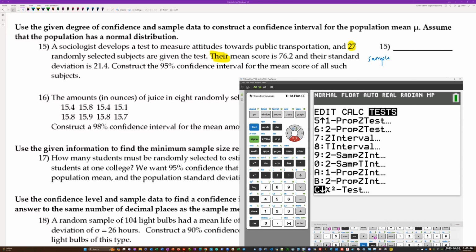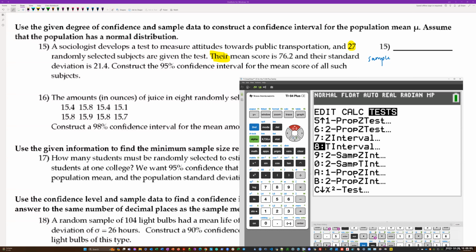No, this is about mean. I told you last time, there's only 3 of them you have to know how to do. If it's not proportion, there's only 2 left. We just said it's not Z. We just said that we don't know the standard deviation. So it is t-interval.